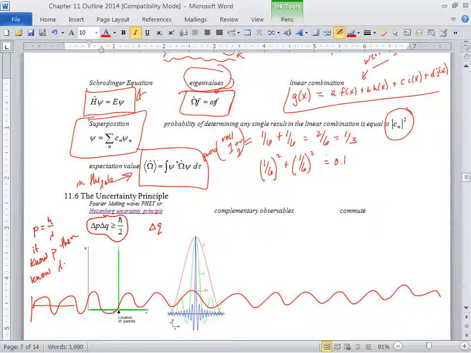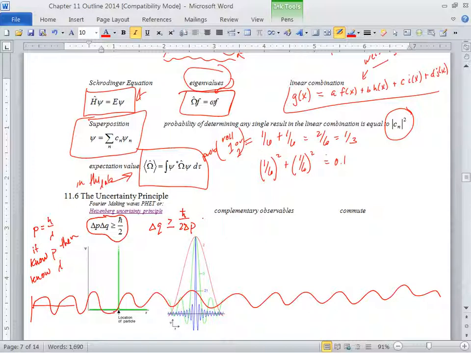That uncertainty, or that error, whatever you like to call it, I think uncertainty is what we should be calling it. If that uncertainty is really, really small, it's in the denominator now. That means delta Q is just going to blow up.